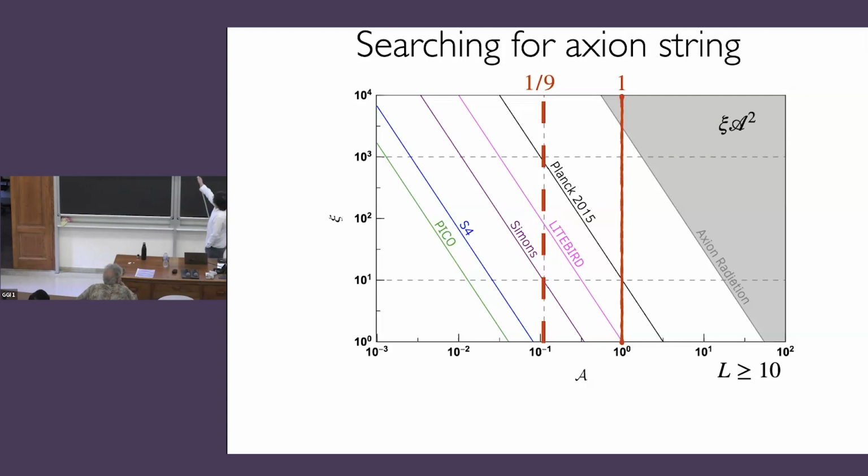Anywhere to the right of this line is an interesting parameter space. Of course, C has to be bigger than 1, so that's the region of parameter space we are interested in.